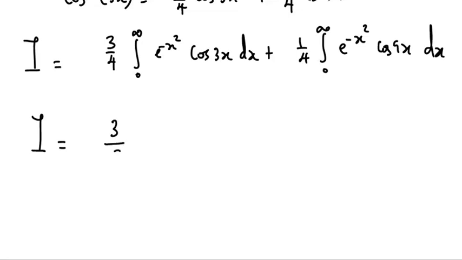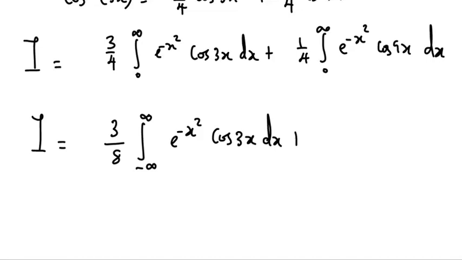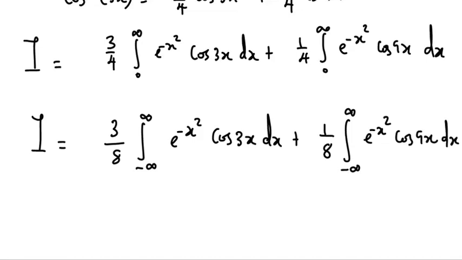So this turns out to be 3/8 the integral from negative infinity to positive infinity of e to the negative x squared cosine of 3x dx, plus 1/8 the integral from negative infinity to positive infinity of e to the negative x squared cosine of 9x dx.